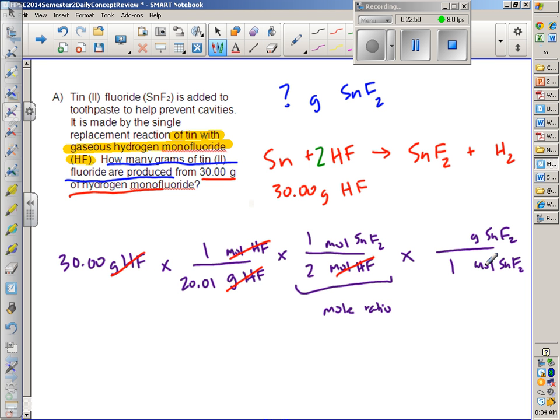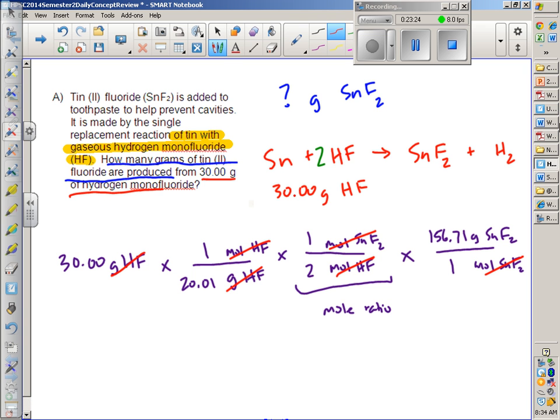The magic has ended, people. I don't know the average atomic mass of tin off the top of my head, so someone's going to have to help me out on this one. 118.7. 118.7 plus 19 plus 19 gives me 156 point what? 71, depending on which periodic table you have. Okay. Then moles of tin 2 fluoride, those cancel.